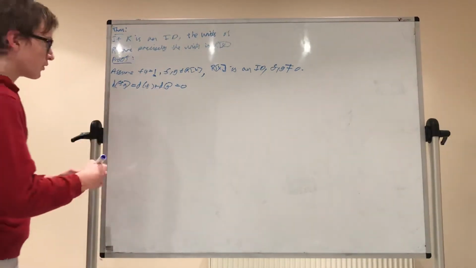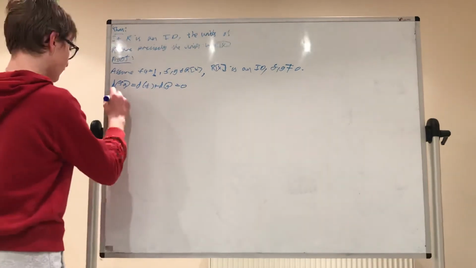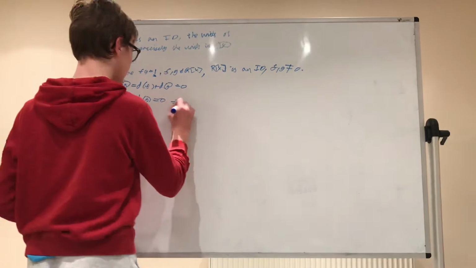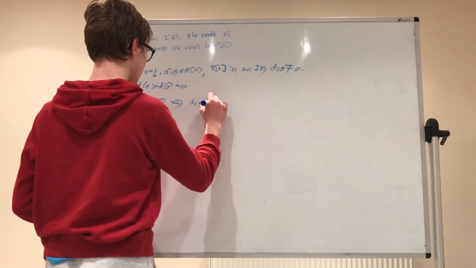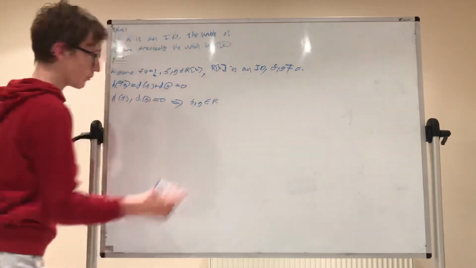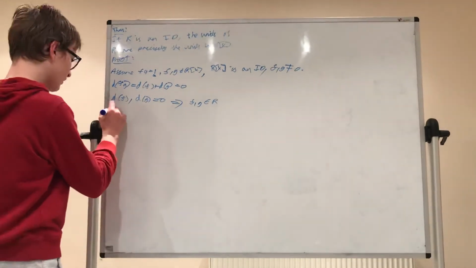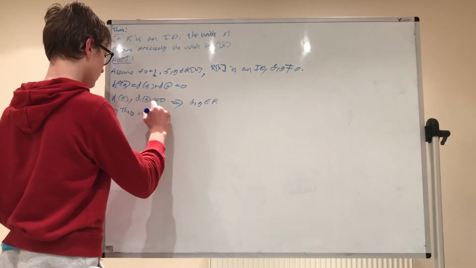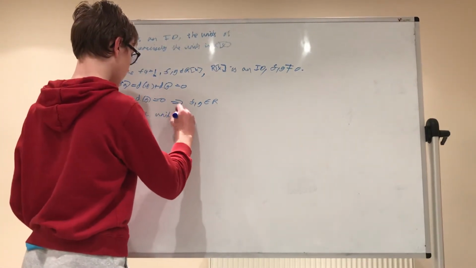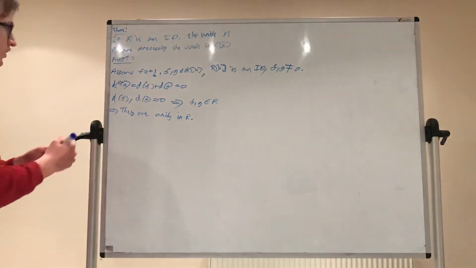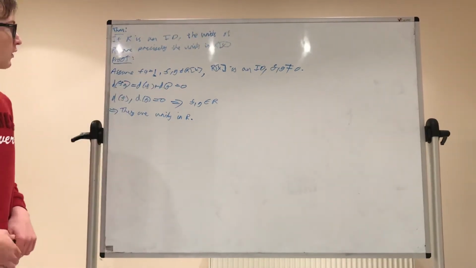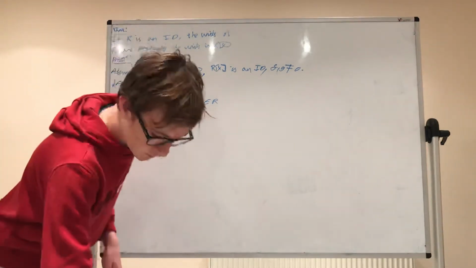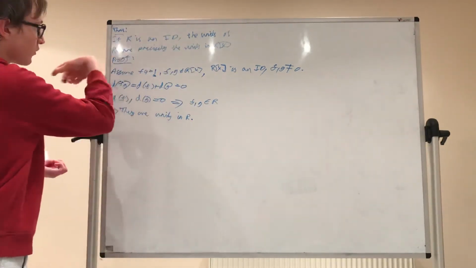This means that the degree of f and the degree of g are equal to 0, which implies that f and g are in R, because they're constant polynomials, which means that they are units in R, since f times g is equal to 1. So that's a nice fact about the units of the polynomial ring.